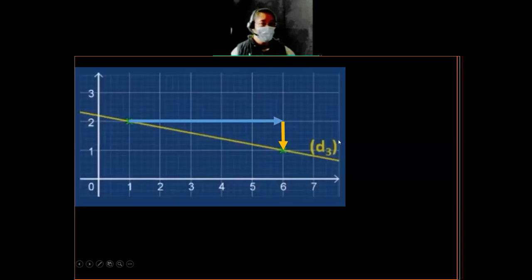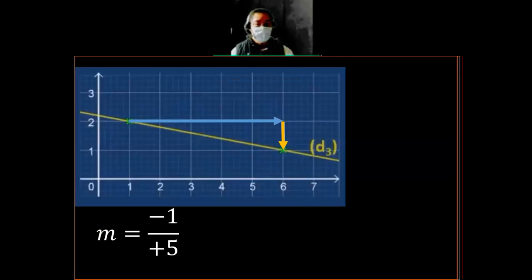And what's the value of the rise in orange? Okay, so you'll agree because it's going downwards. Don't forget when you go in the opposite direction to change the sign. So then your gradient is -1 divided by +5. If you remember, when you have a negative divided by a positive, it's simplified to a negative.